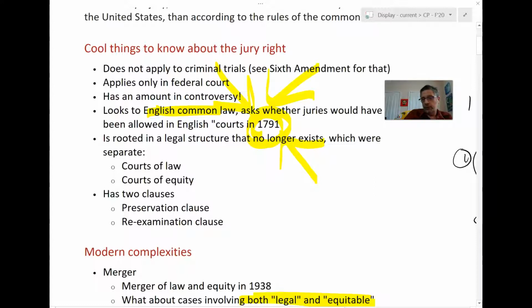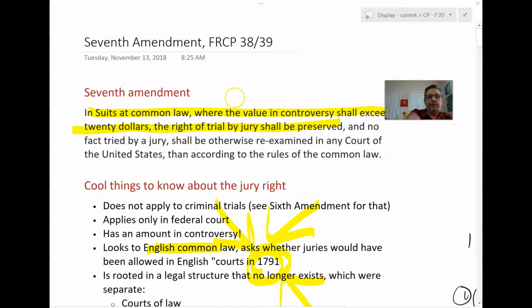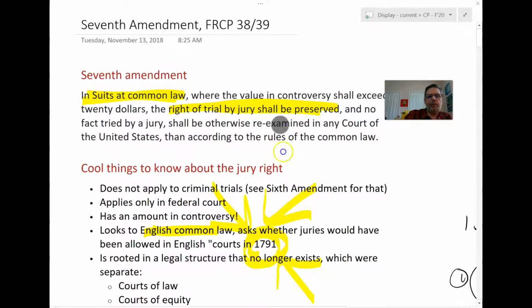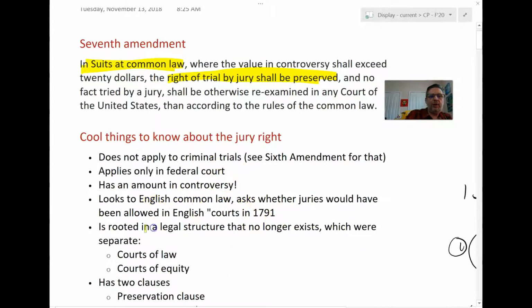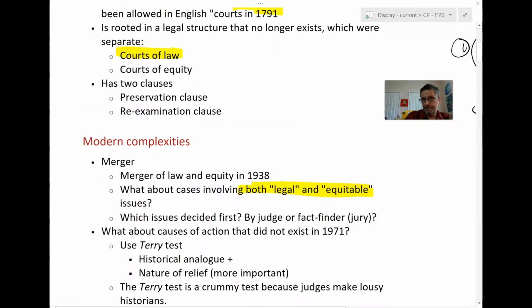And that would mean you'd have a jury right, because again, the jury right says in suits of common law, the right to trial by jury shall be preserved. And English common law in 1791 meant the English courts of law, which would give you the money, but not injunctions. Okay? Well, under merger, after 1938, P could sue D and say, hey, my trademark was infringed.